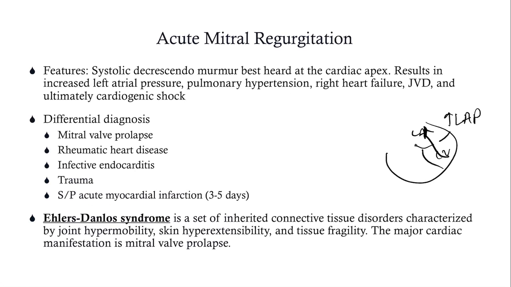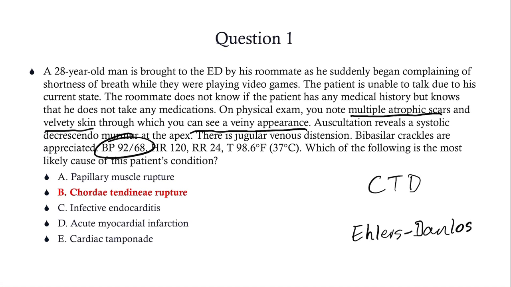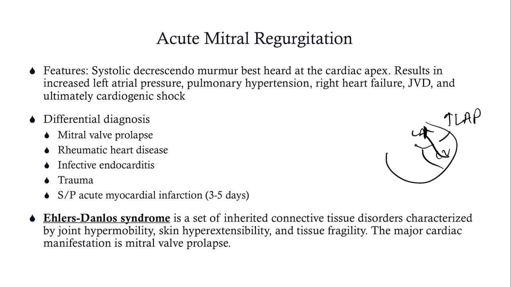And we also have the abnormal appearance of this patient's skin. Infective endocarditis, we would expect to see a fever, trauma, no history. And then you can get an acute mitral regurgitation after an MI. That's going to be 3 to 5 days after the event. But this would be due to a papillary muscle rupture rather than a chordae tendineae rupture.